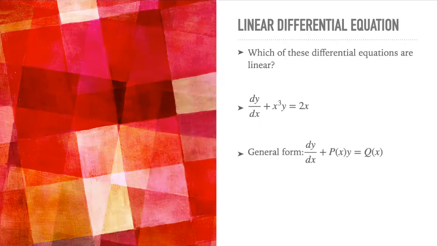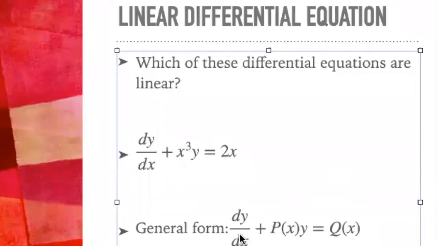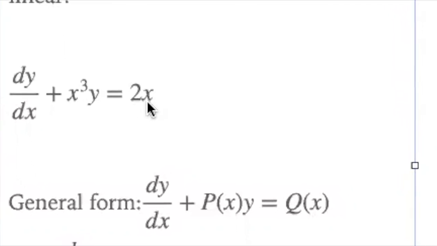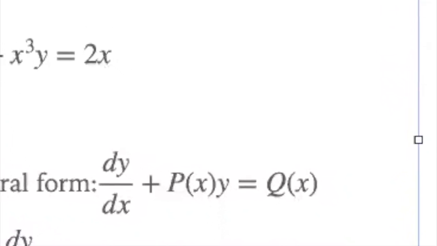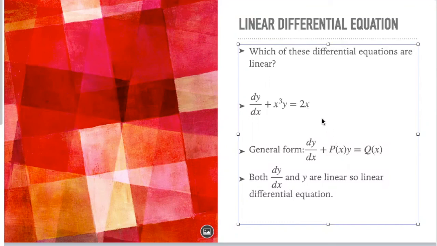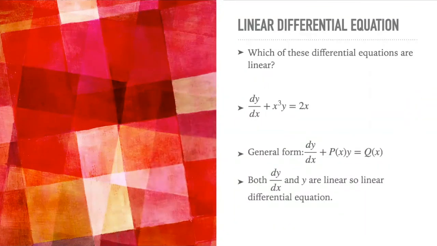Just to remind you of the general formula for the differential equation, px is the coefficient of y, so this is px, and qx is a continuous function after the equal sign. Seeing that it's in the general form that we have here, it is a first order. So both dy dx and y are linear, so this is a linear differential equation.